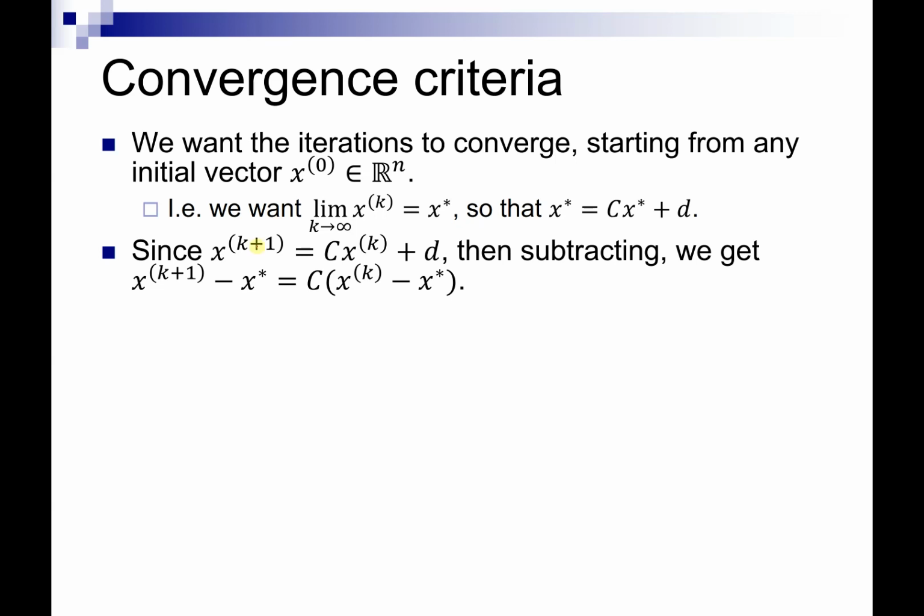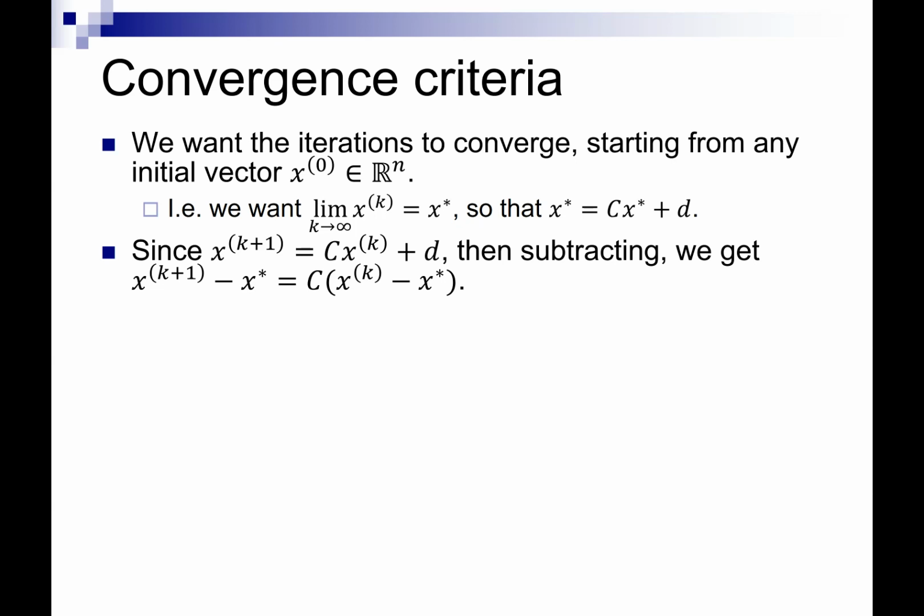Let's first write that x of k plus 1 equals C times x of k plus D. Now if you subtract x star from both sides, on the left you get x of k plus 1 minus x star.